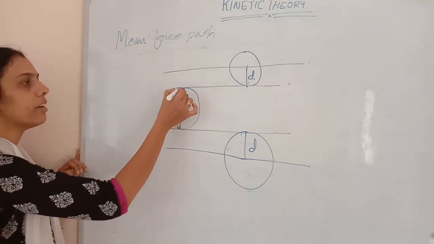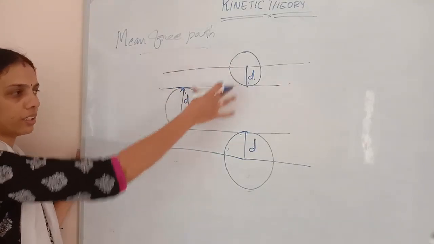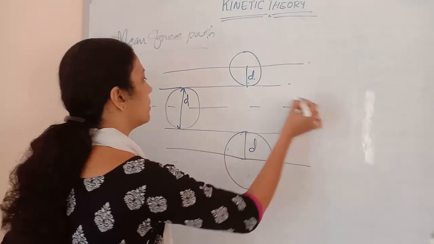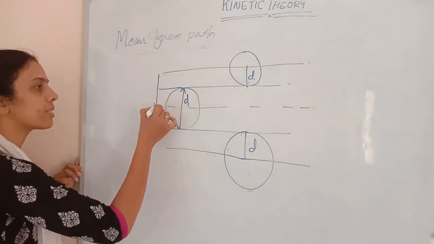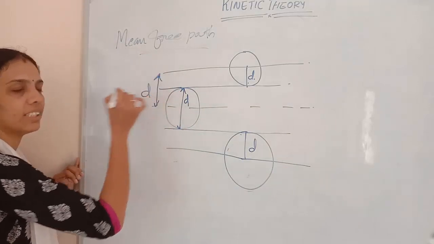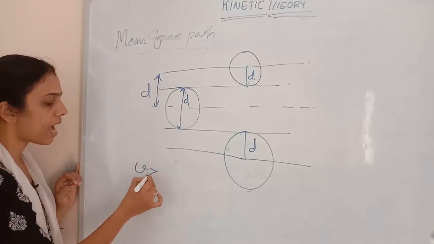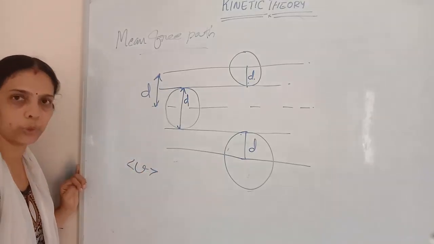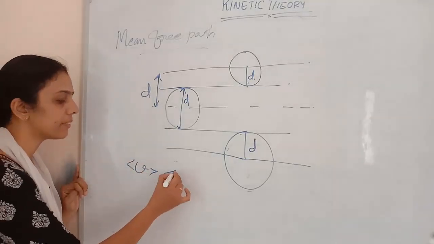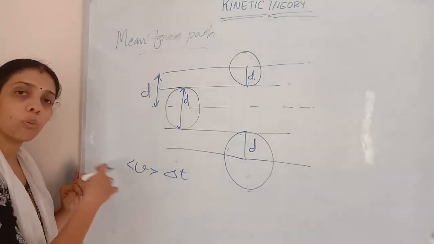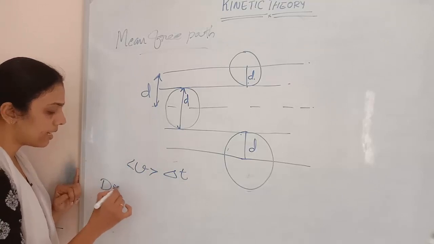If I am considering a volume here, with this as the center part, it needs a minimum distance of d. If v is the average velocity of the molecule, in a time interval delta t, how much distance would it have covered?